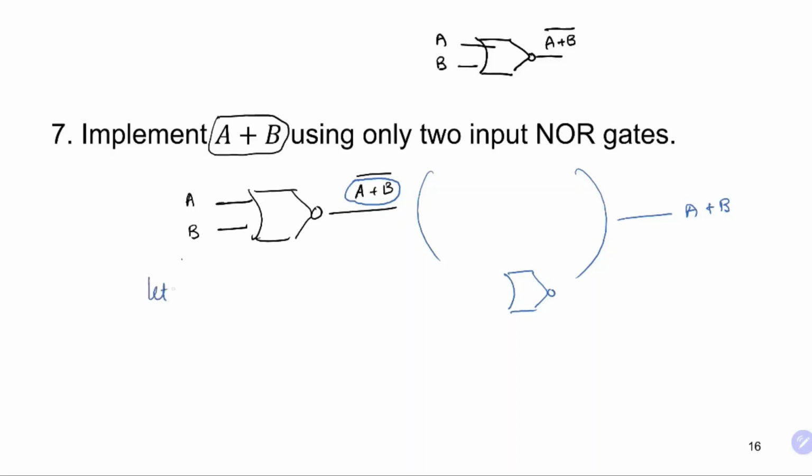If I let x equal to A and B, so this will be x bar. Here will be simply x. So I got a signal x. How do I get x bar coming out from there? Through an AND gate.